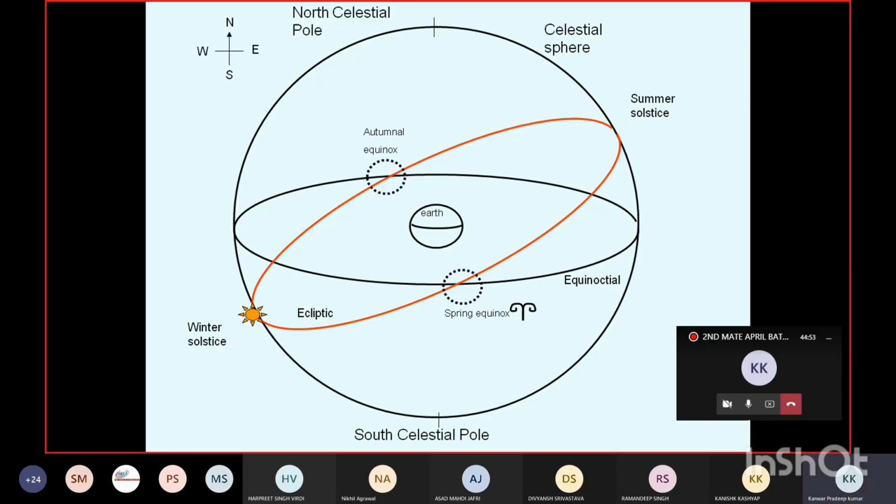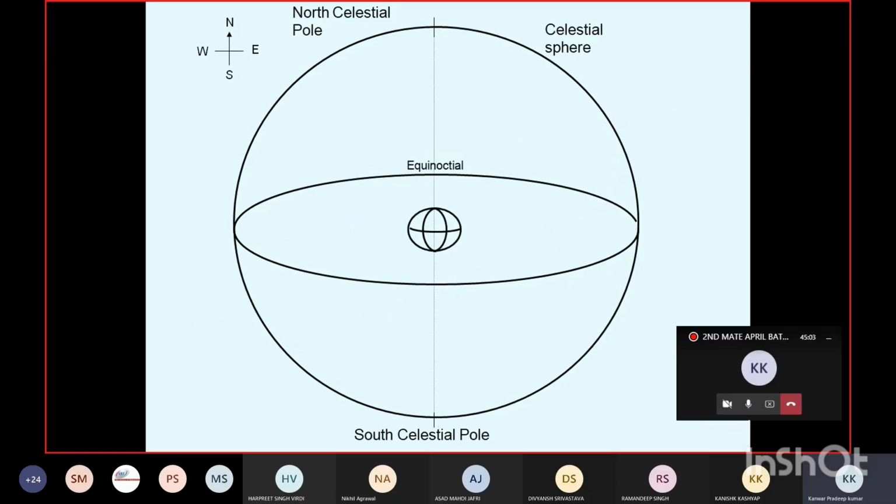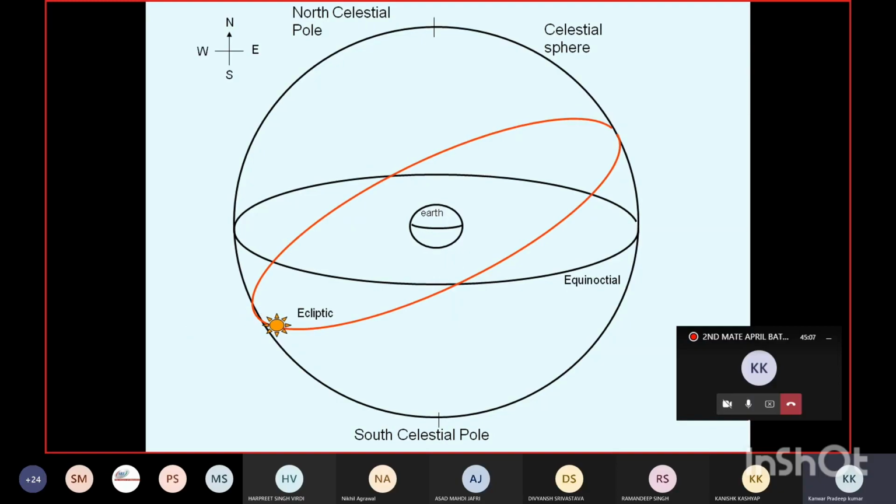I can tilt the Earth like in that previous slide, but that might complicate the diagram, so it becomes a little difficult to understand sometimes. So this one, the path of the ecliptic, is tilted to the equinoctial. By how many degrees is this tilted, gentlemen?